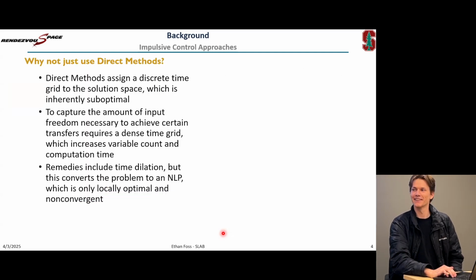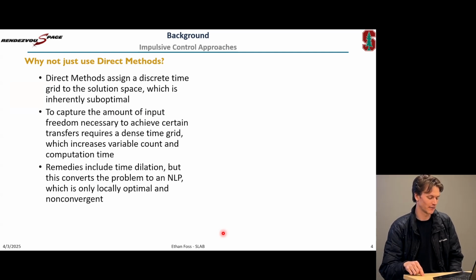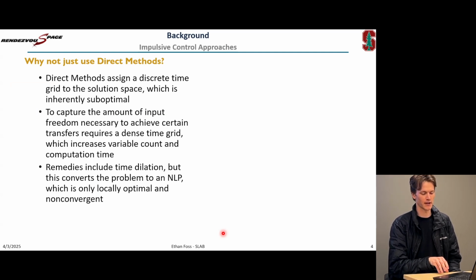So to dive into it a bit further, we can consider why not just use direct methods. The problem with direct methods is that they assign a discrete time grid to the solution space. So they discretize and then optimize instead of optimizing and then discretizing, which leads to inherent suboptimality because this discrete solution space does not capture the continuous effect that the impulsive controls can inhabit.